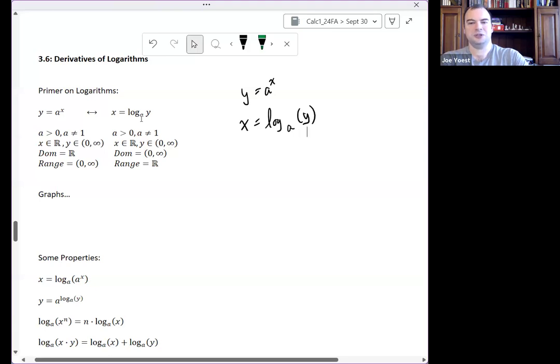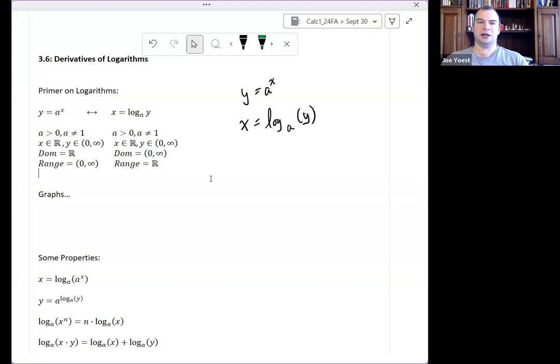The a is written as a little subscript next to log to indicate what the associated base is. So y equals 2 to the x, that exponential function, has an associated logarithm, y equals log base 2 of x. Those are the two inverse functions.